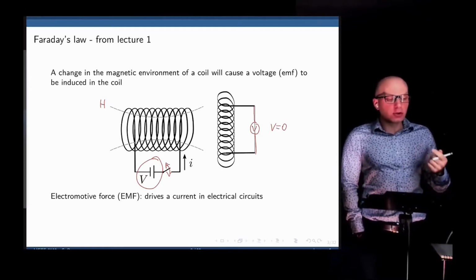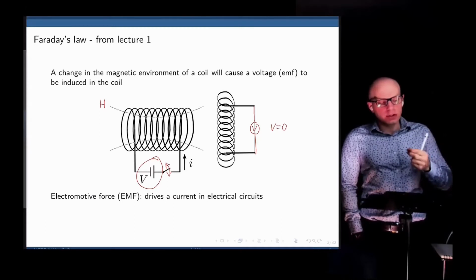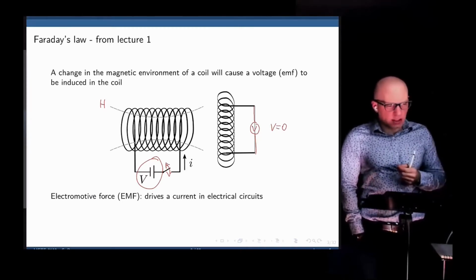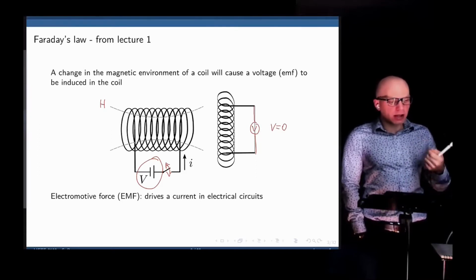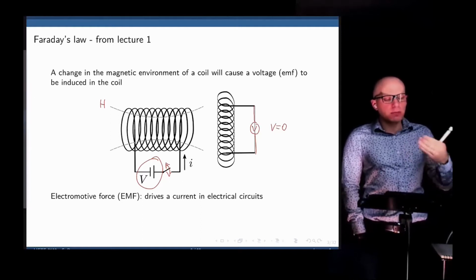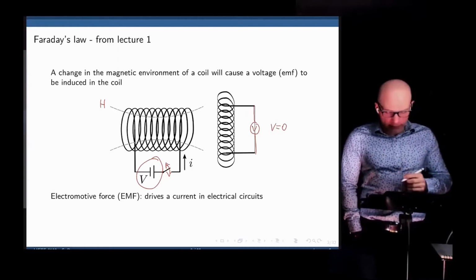And therefore, he concluded that that voltage is proportional to the change of the magnetic field in the primary coil. And this is what we call the electromotive force, the EMF. A changing magnetic field creates an induced EMF, an induced voltage, in a conductor that is exposed to that same varying magnetic field.